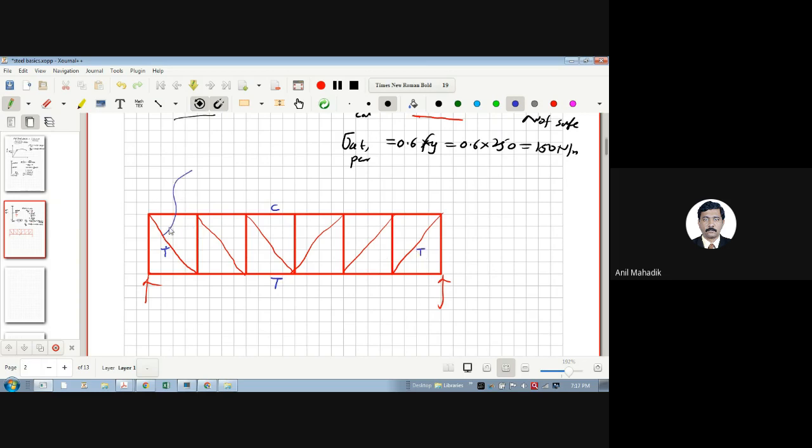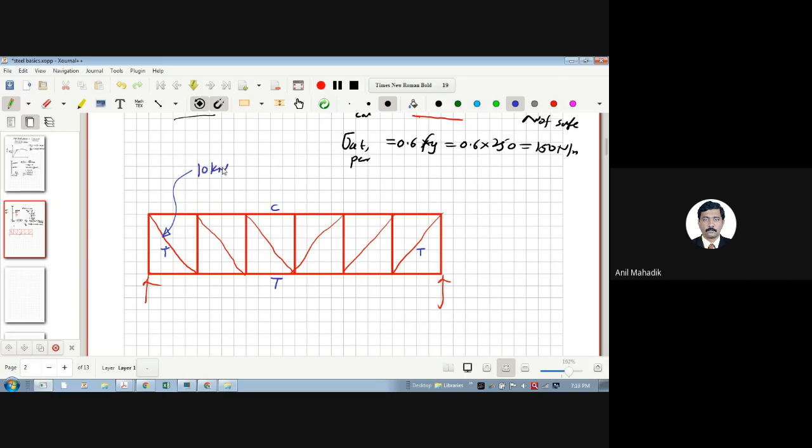If you want to design this member in tension, first of all you get the forces in the members through analysis, either software analysis or manual calculations. So let's say the tension in this bar is maybe 10 kilonewton.